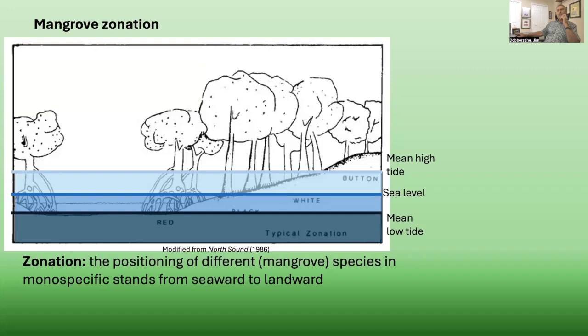Okay. So in terms of zonation, you tend to find mangroves growing in this level that's between the mean tide and the mean high tide, but they're actually sending down prop roots that get down into the low tide area. So it's not uncommon to see prop roots in these areas.